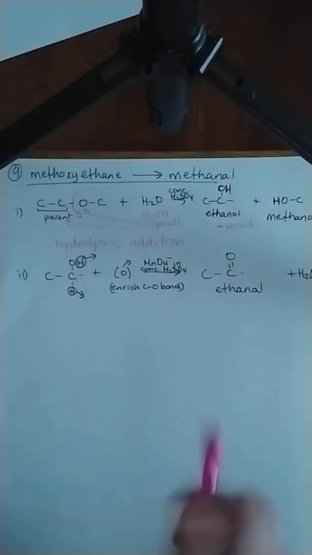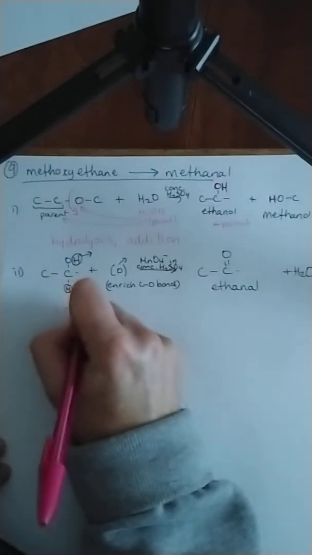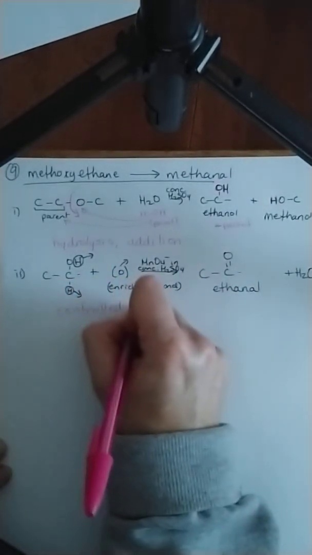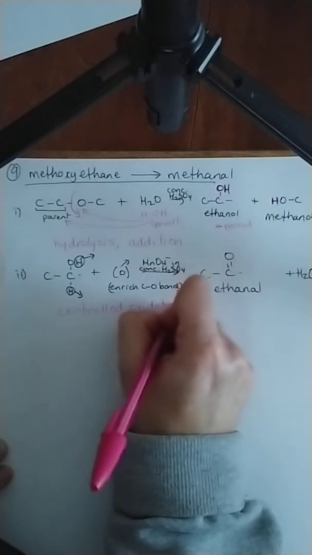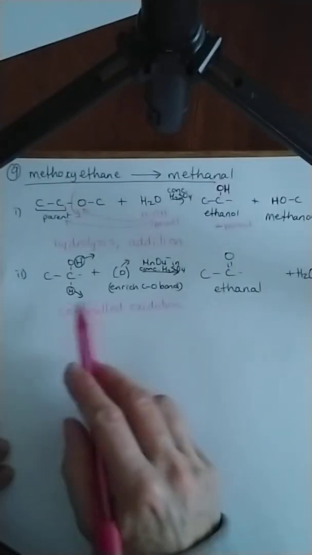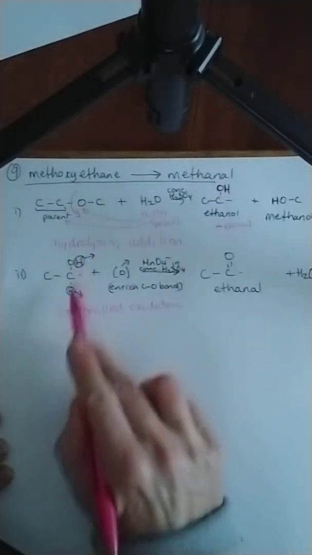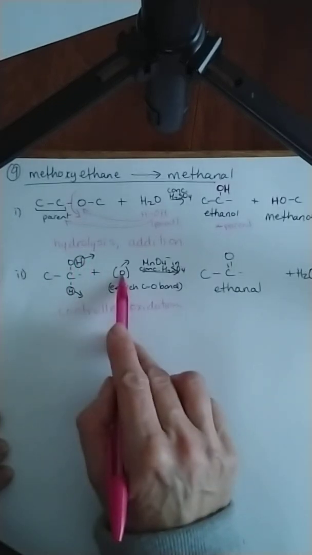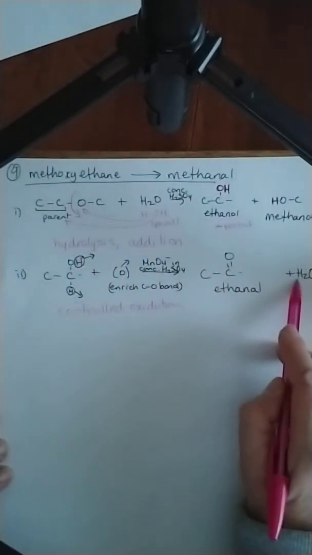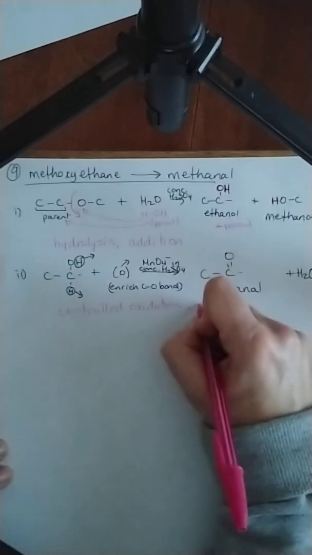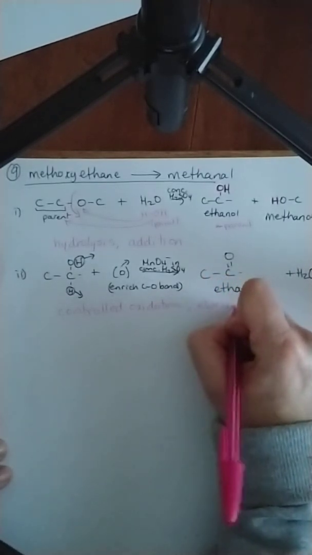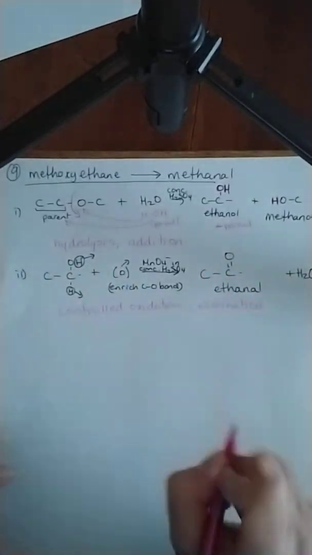In terms of types of reactions, we have a controlled oxidation because we've added a rich source of oxygen slowly, and we've eliminated 2 H's by having them react with an O. We've eliminated water on the other side. So this is an elimination.